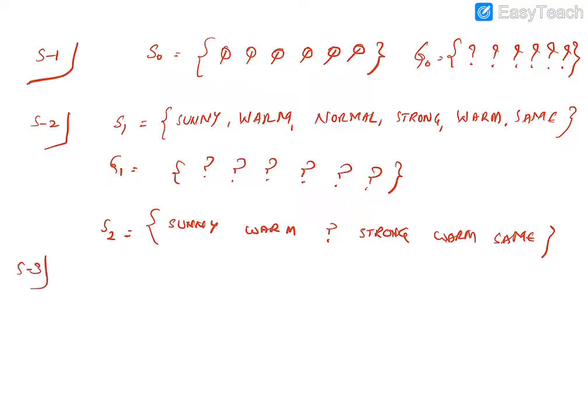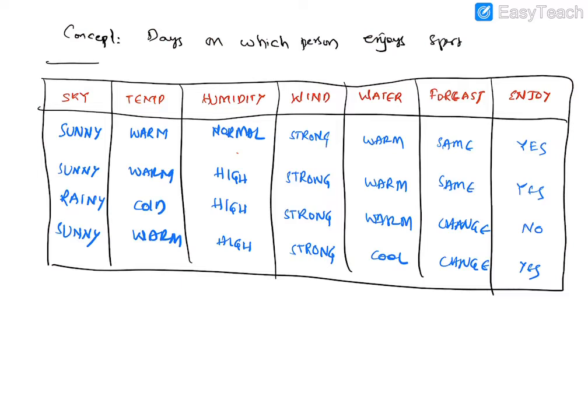And then next, let's see S3. In step 3, we are going to define S3. Just to remember, what is S3? No, in the sense negative. This is also positive, this is also positive, this is negative.